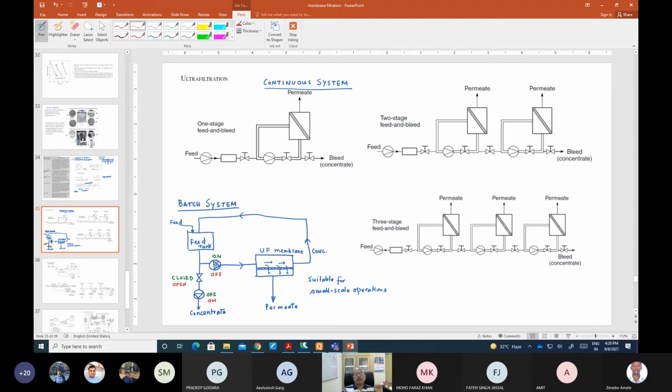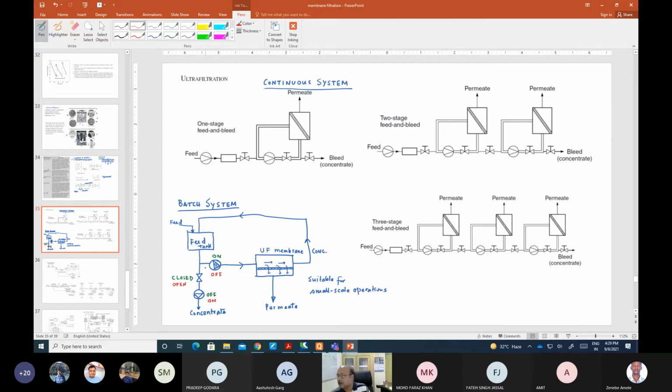So what happens is that you have closed this, you have turned off this pump, and you are just cleaning out your feed tank, because you have already concentrated the feed. When this was running earlier, you have collected enough permeate through this. The only thing that you now have is the concentrate, which you can purge from the system by operating it like this, okay.